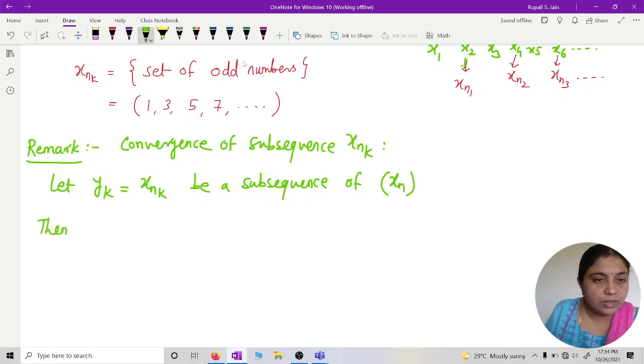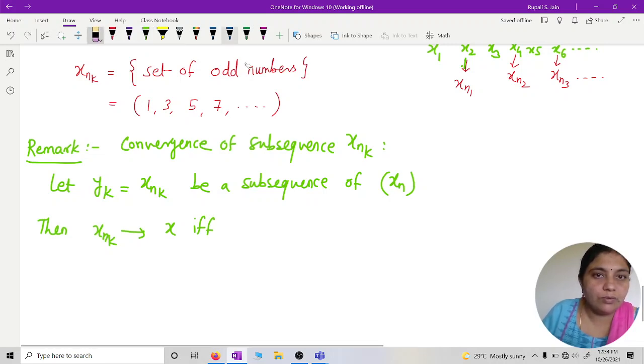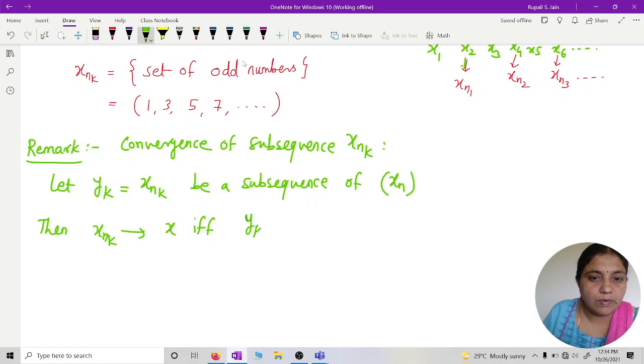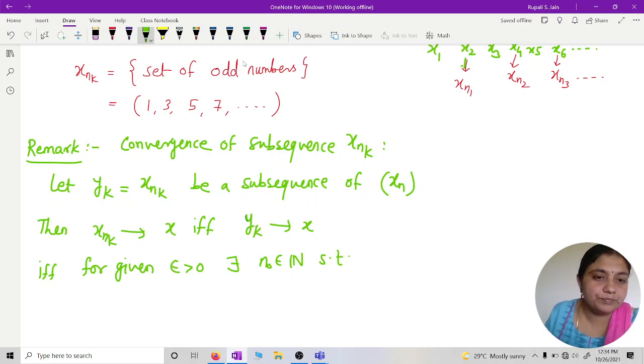Then xnk converges to x if and only if yk converges to x, and if and only if for every epsilon greater than 0, there exists a natural number n0 belonging to N such that, what will be the definition then? Mod of yk minus x less than epsilon for all k greater than or equal to n0.